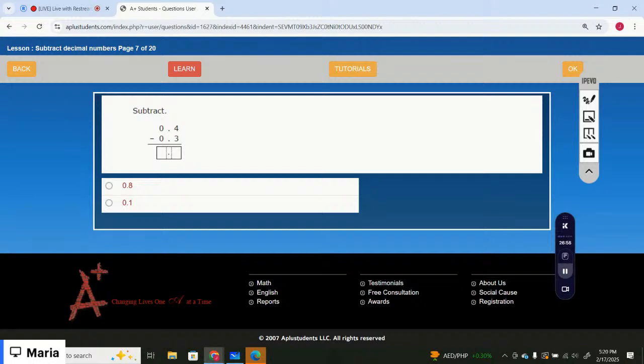0.4 take away 0.3, which is the correct option? That is 0.1.